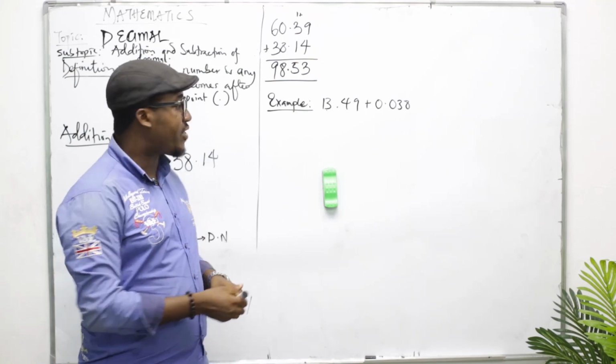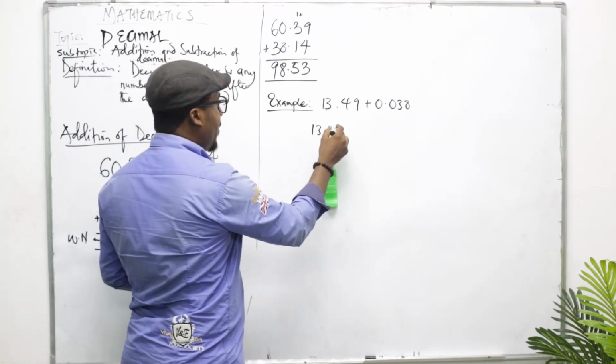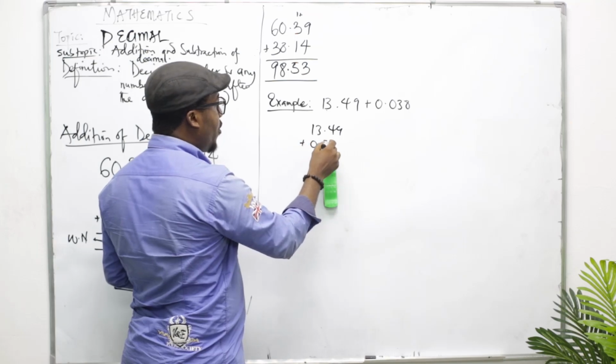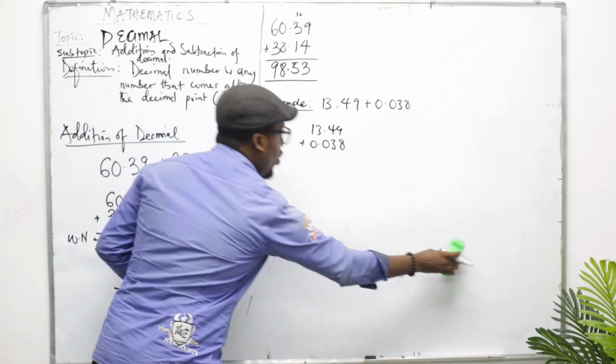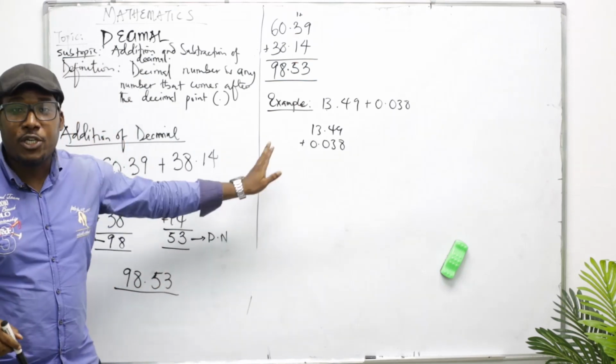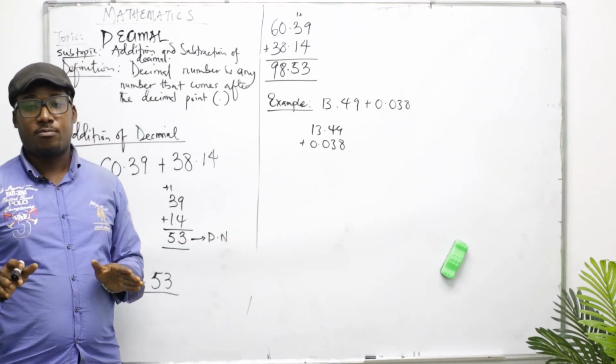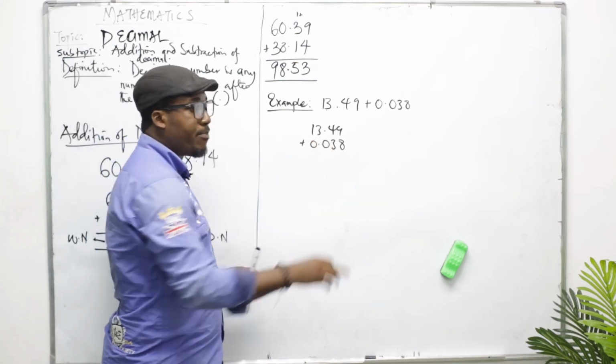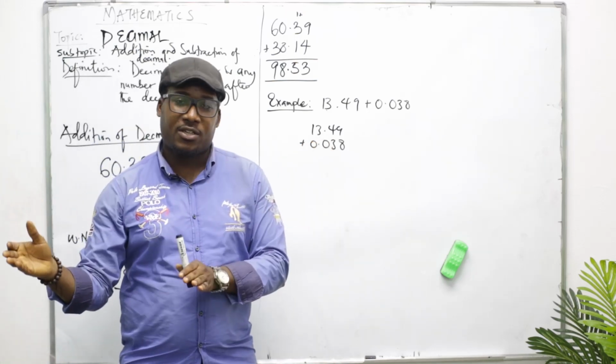You may want to do this: 13.49 plus 0.038. At this position it is a failure, because you are having the decimal points placed in different places.